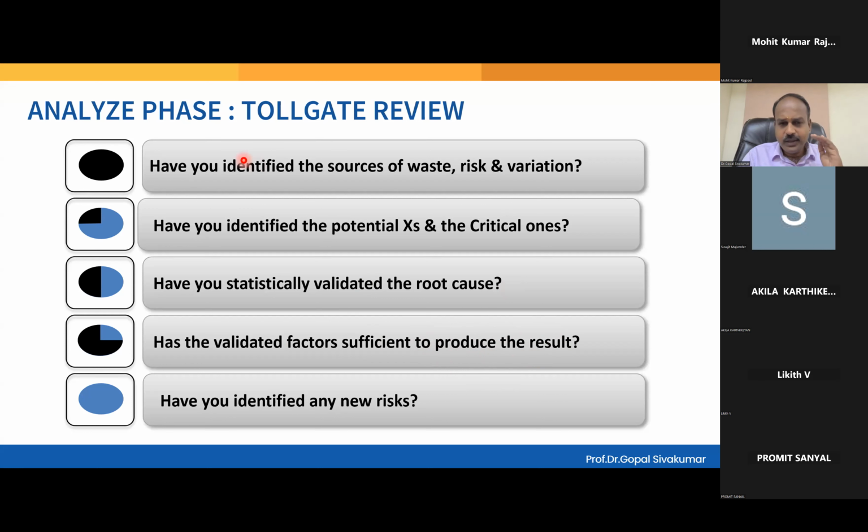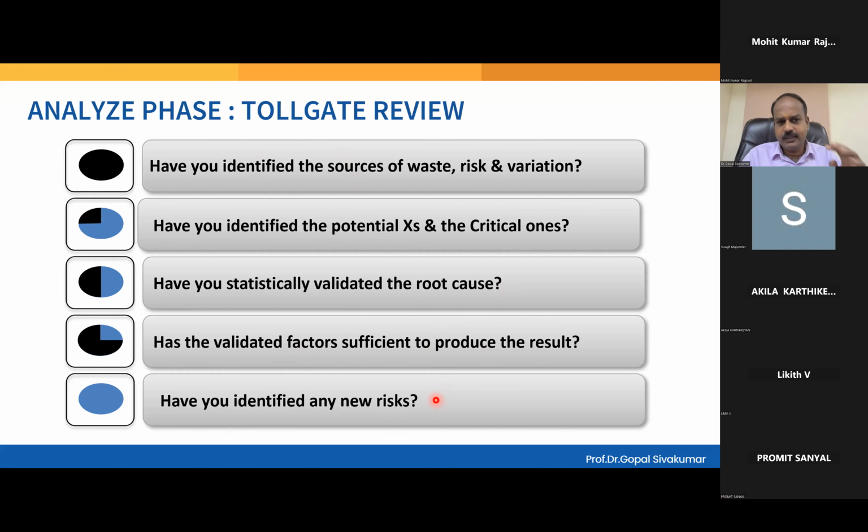The meaning is how many root causes are pulling your result down. Is it just one root cause or are there many root causes? All of you understand? That is called sufficiency.